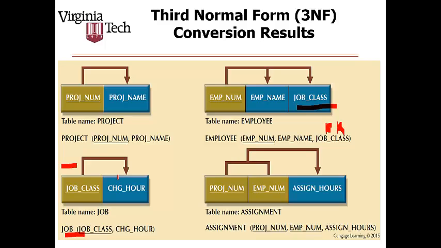If there are any transitive dependencies, we remove them by creating this new table job. And so from our original relation, we've now ended up with 4 relations that are the proper representation of the data for our system.